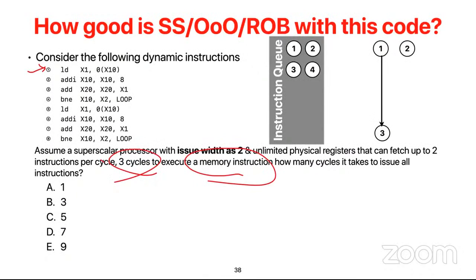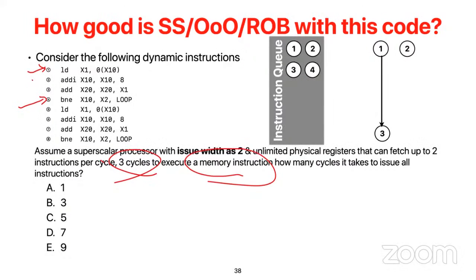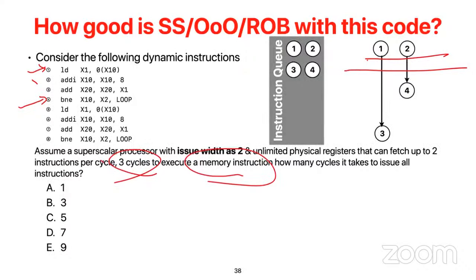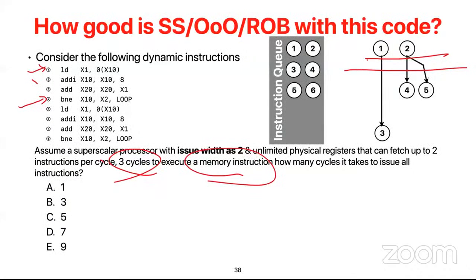And for the branch instruction, it depends on 2, so it takes 2 cycles, well, at least give it 1 cycle to get the result. So if you keep drawing it, 5 and 6 all depend on 2, so they will be available at the same time.